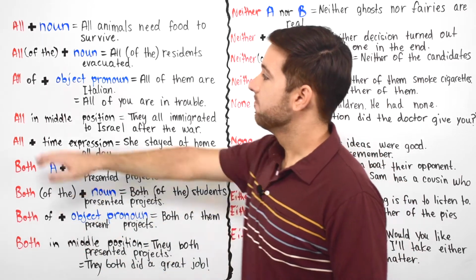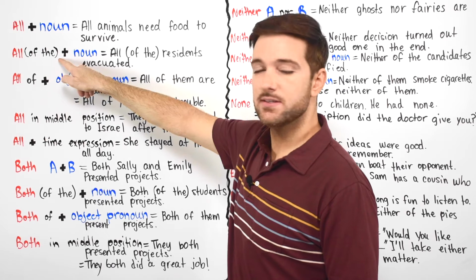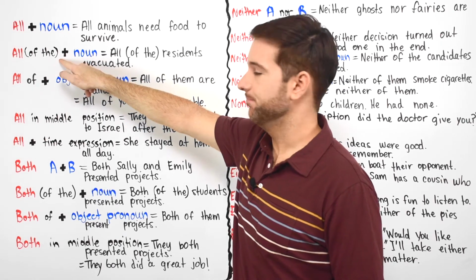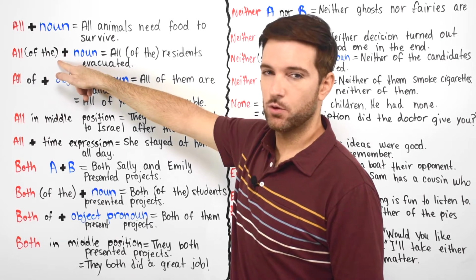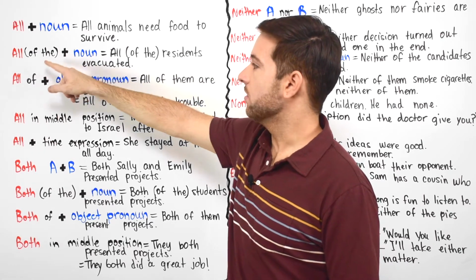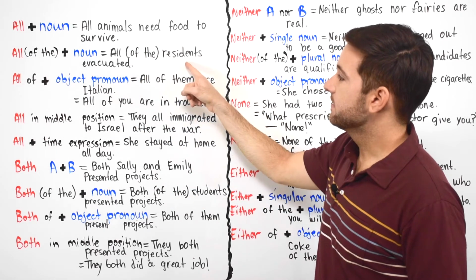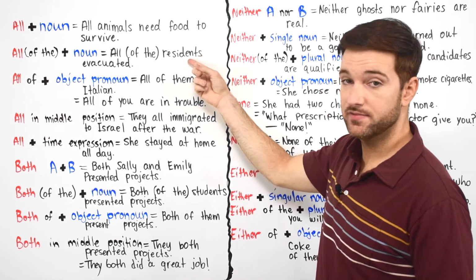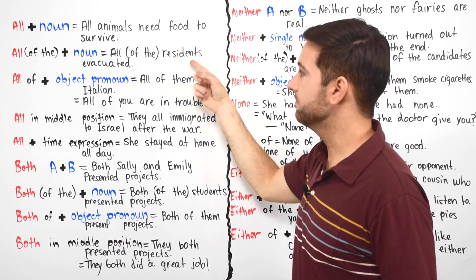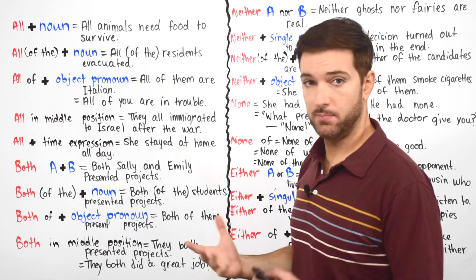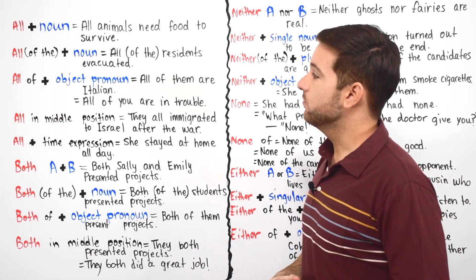All right, next. All of the. Of the is in parentheses, it's optional. You don't have to use it, especially in informal speech. So all of the plus a noun. All of the residents, which are people who live somewhere, like in a city, in a country, in an apartment building, all of the residents evacuated.